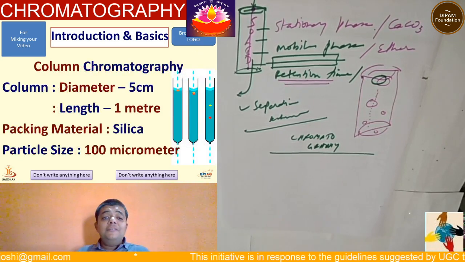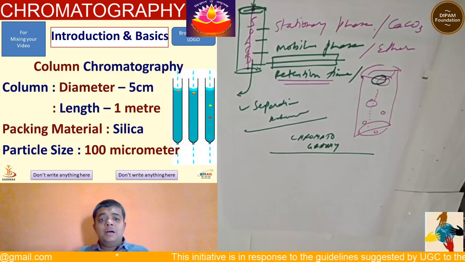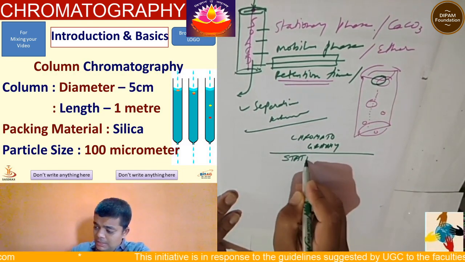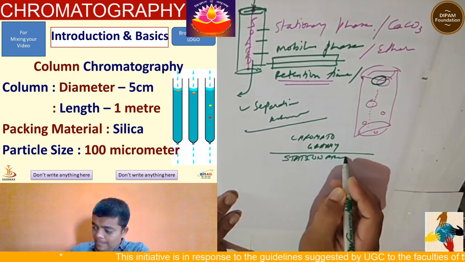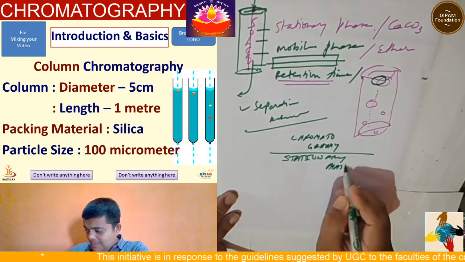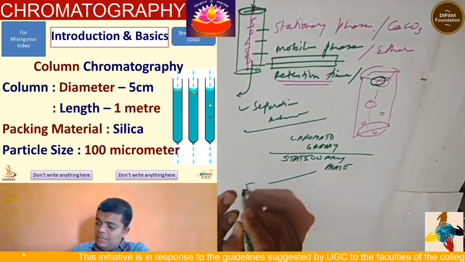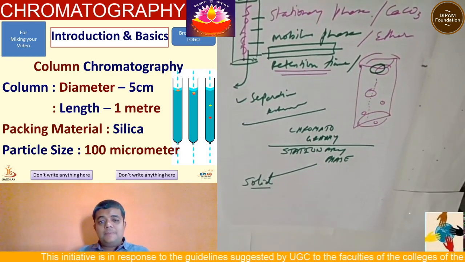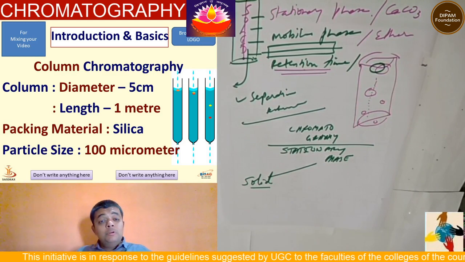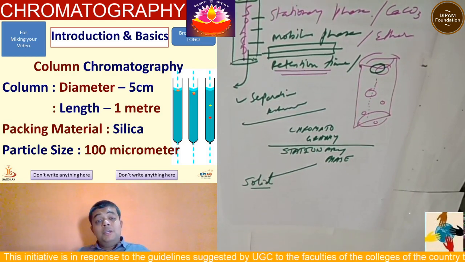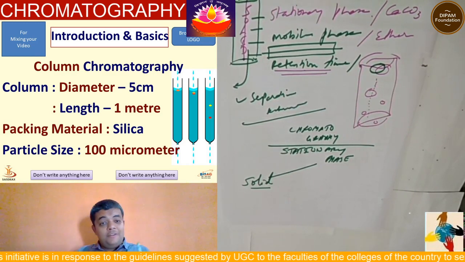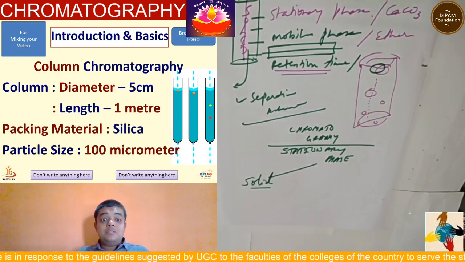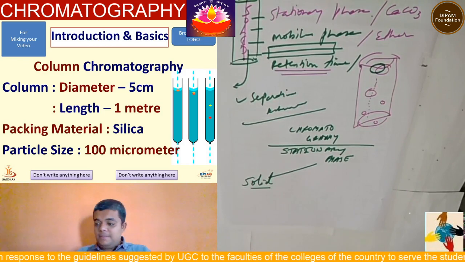And if I try to classify them on the basis of these two terms, and I intentionally start classifying them using stationary phase as my base, generally we have seen solid as a stationary phase. But you would be surprised to know that you have another medium, or a phase, or a state of matter that can be a solid surface.